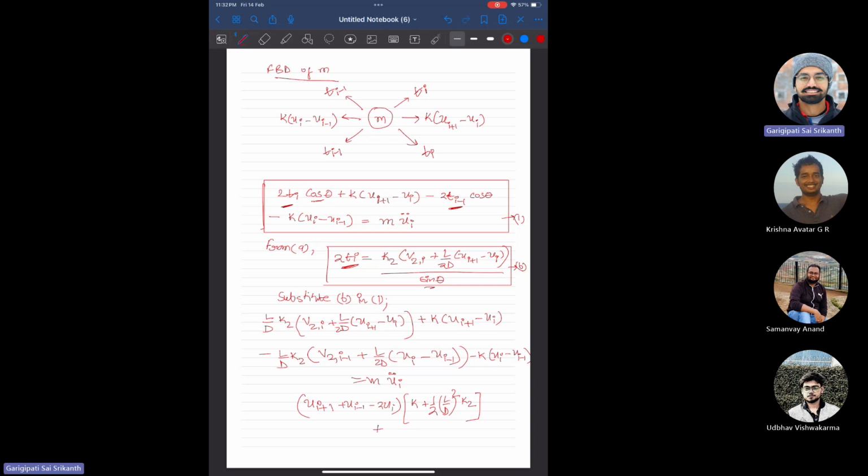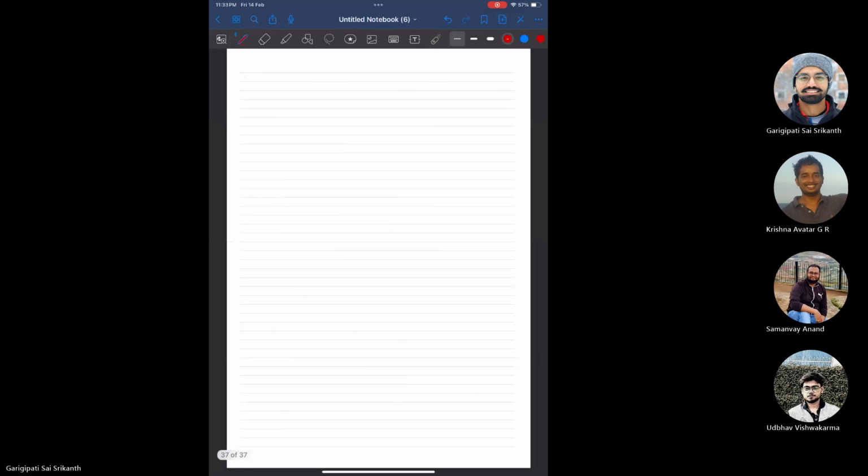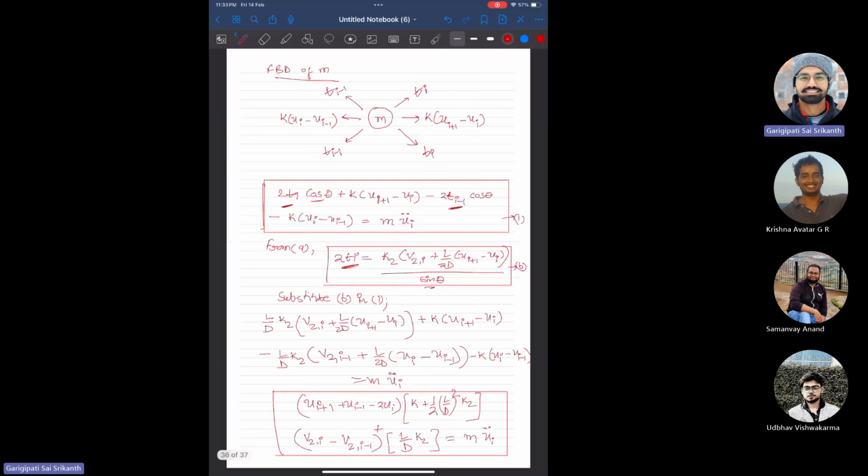Yeah, it's fairly simple. V2 of i minus V2 of i minus 1, L by D K2. So that's one equation for sure.